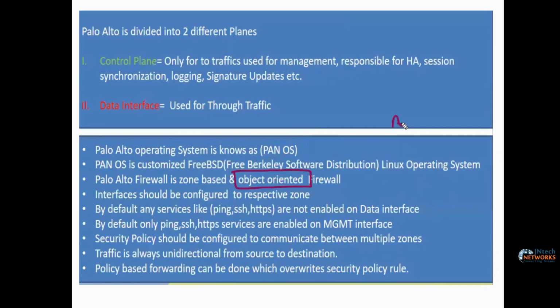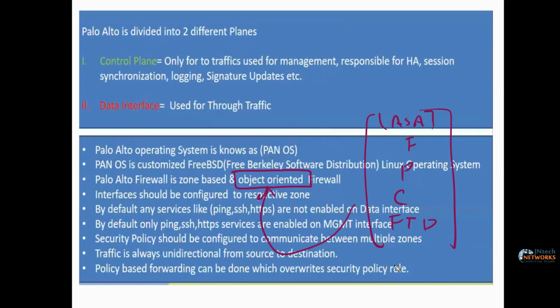So your Cisco ASA, Fortinet, Palo Alto, Checkpoint, FTD, these are object-oriented firewalls. What is an object? Into these firewall boxes, we can create objects, and these objects we can use in our configuration. What is an object and how to create one? I will tell you in the configuration.